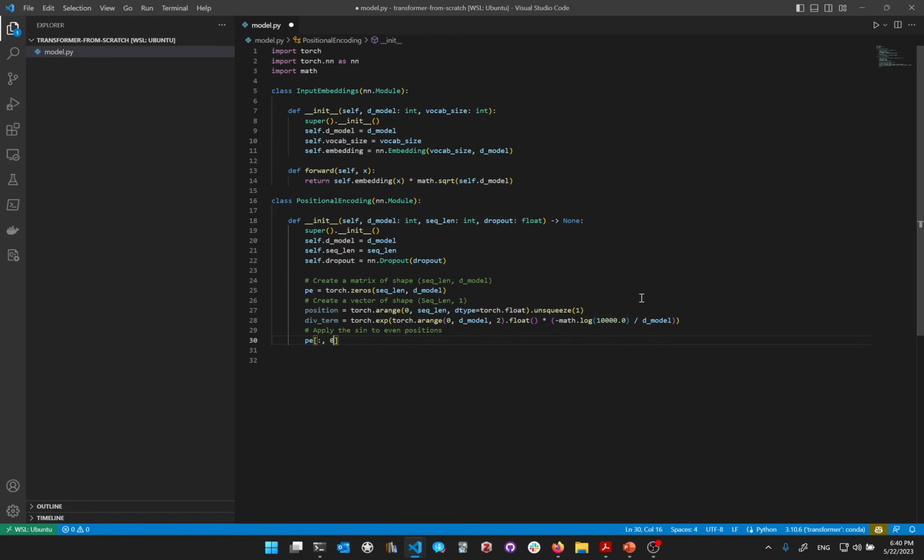So starting from 0 up to the end and going forward by 2 means from 0, then the number 2, then the number 4, etc. Position multiplied by div term. Then we do the same for the cosine. In this case, we start from 1 and go forward by 2. It means 1, 3, 5, etc.